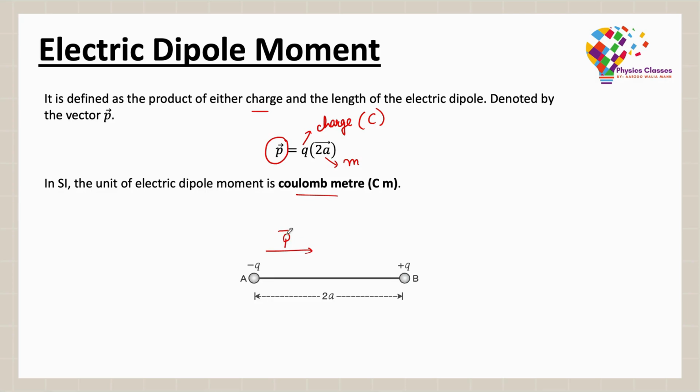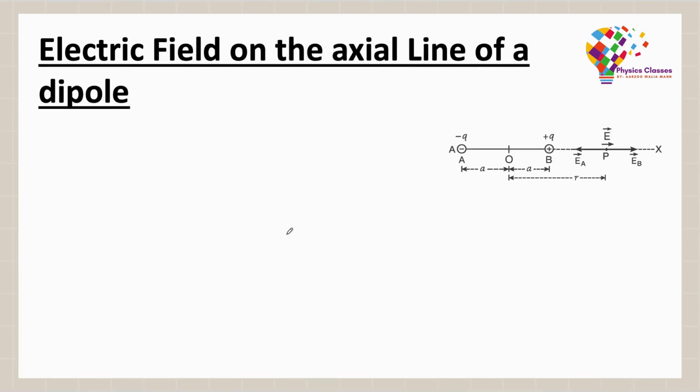Okay. Now, further talking about the electric dipole, we have understood what an electric dipole is and how we define the electric dipole moment. In the same way, we are going to talk about the electric field on the axial line of a dipole. So first, let's understand what an axial line is.